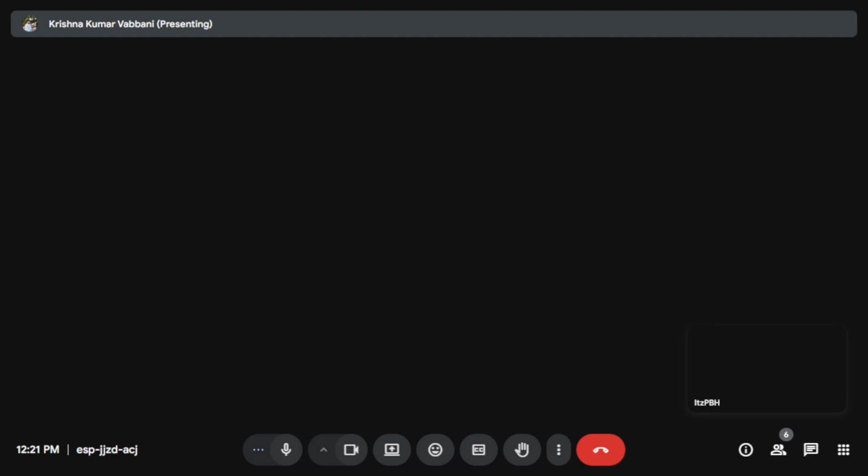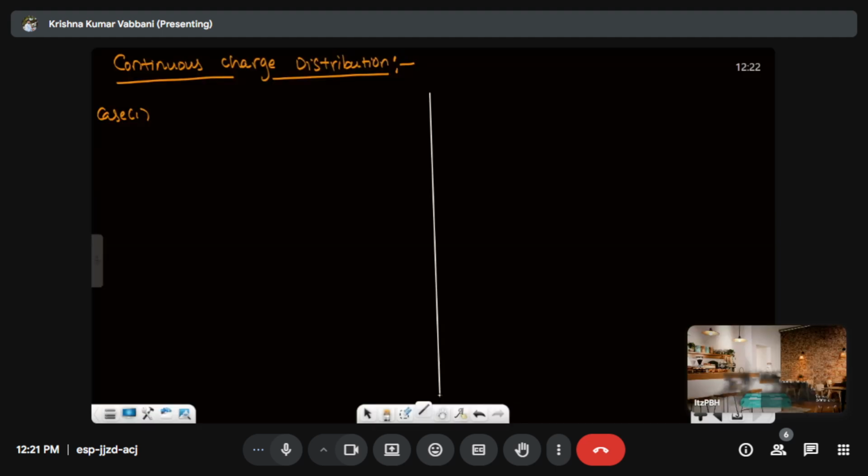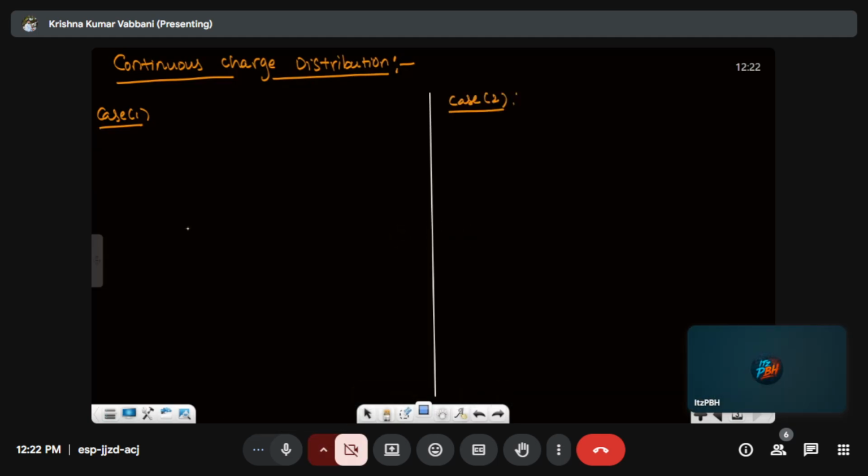Please wait. In case 1 I am taking two diagrams like this. This is my line conductor. In the second case I am taking another line conductor like this.